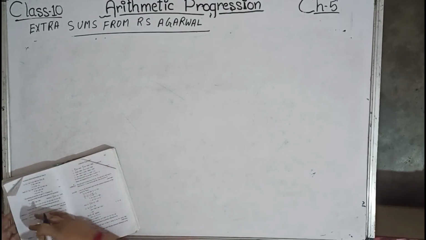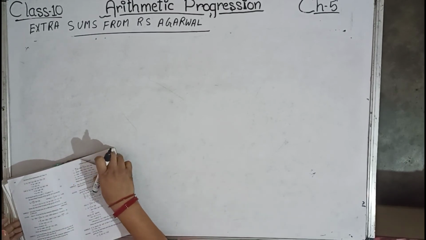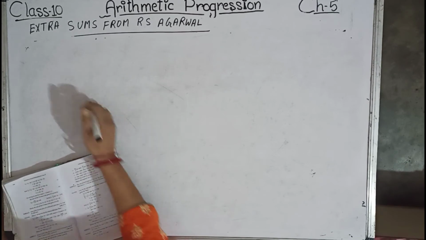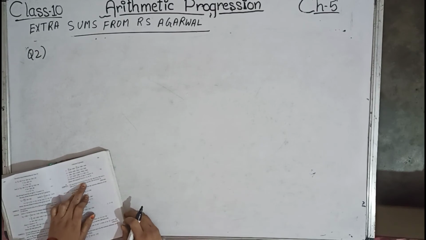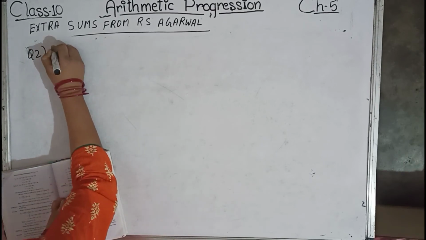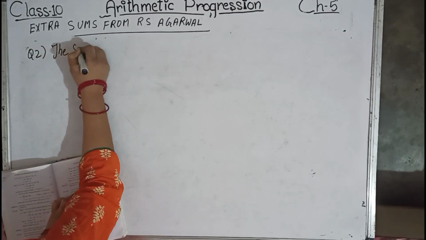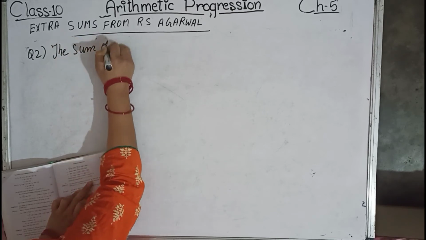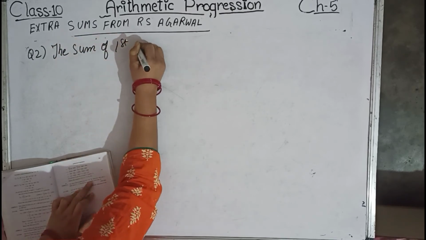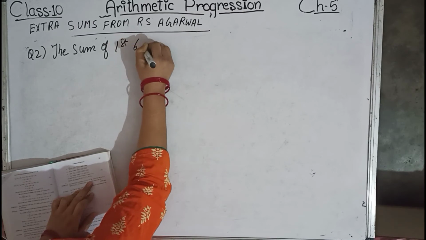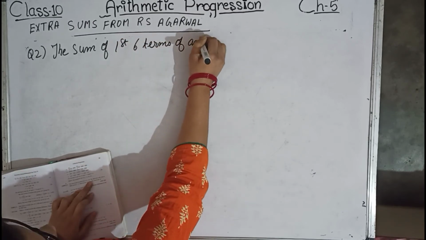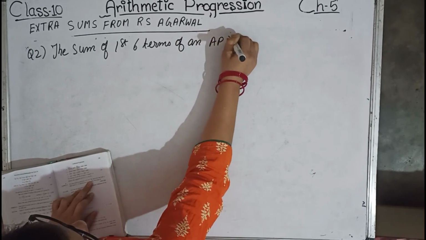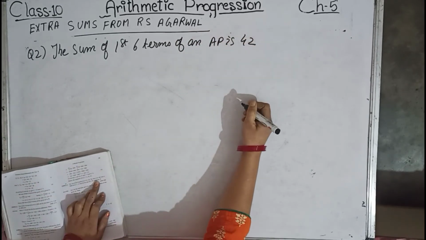Now next question, number 2, which I have taken. The sum of the first 6 terms of an AP is 42.